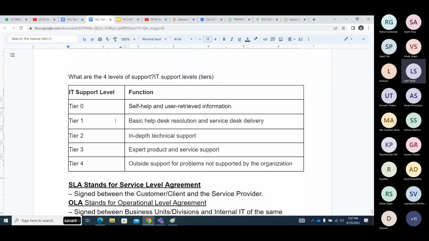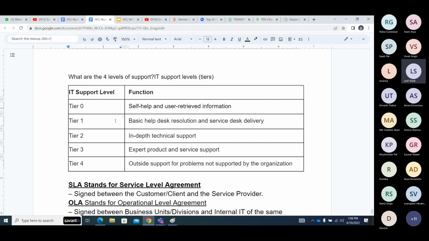Level 1, guys. As a fresher, you are getting into level 1. So basic help desk resolutions and service desk deliveries. It means basic support to the customers. Based on your project, the monitoring, basic support to the customer, understanding infrastructure, monitoring infrastructure.